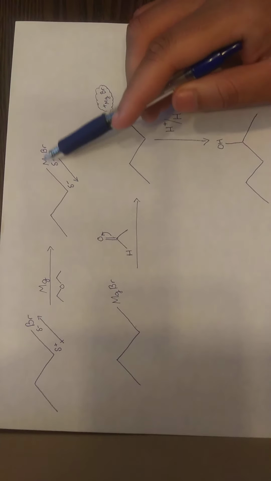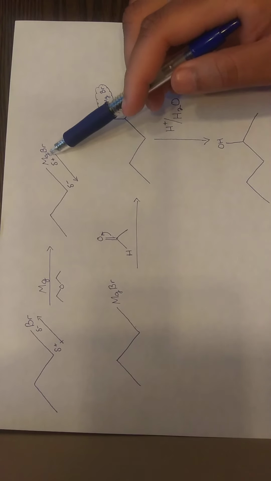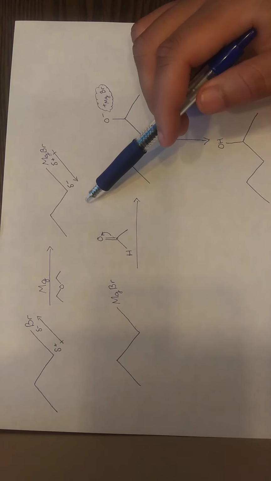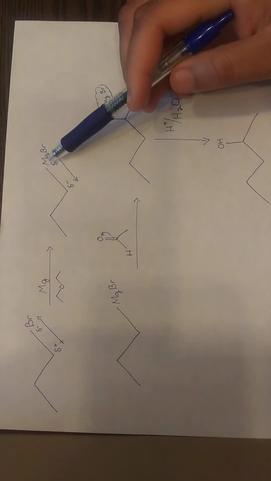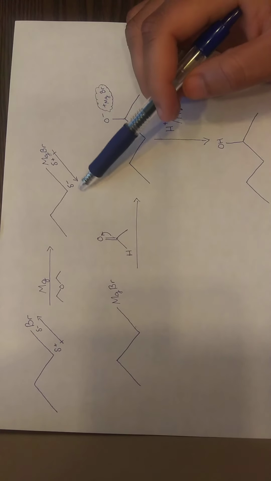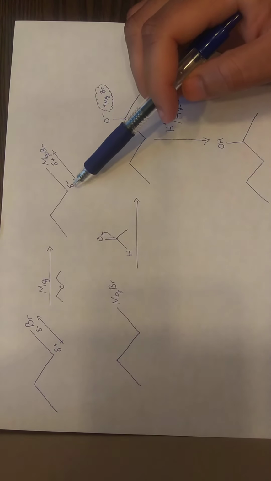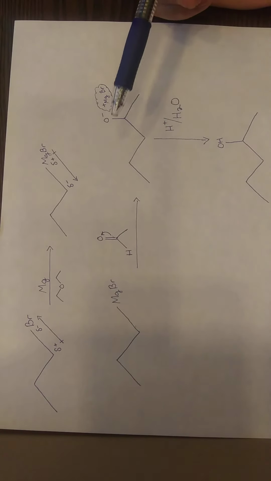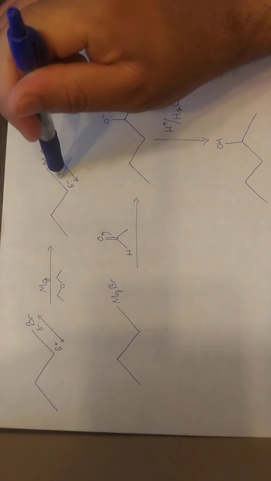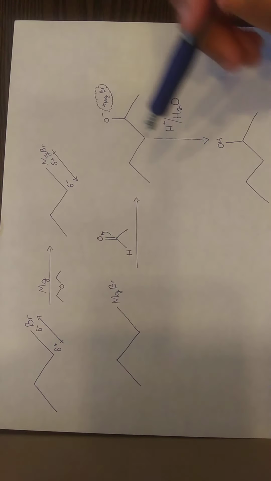By doing so, it creates this compound which actually flips the charges of all the participants. This carbon becomes partially positive and this carbon becomes partially negative, which is important for further reactivity. This right here is called the Grignard reagent.